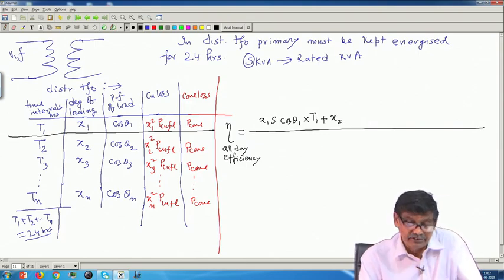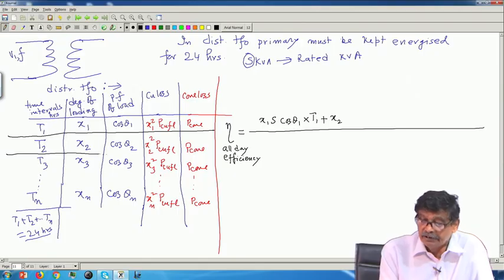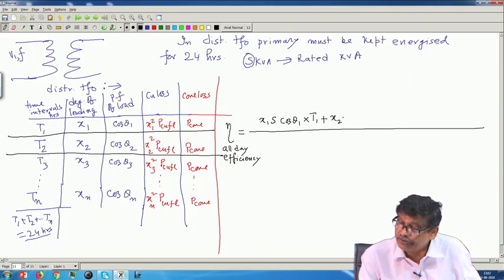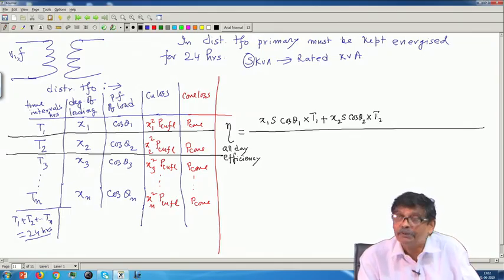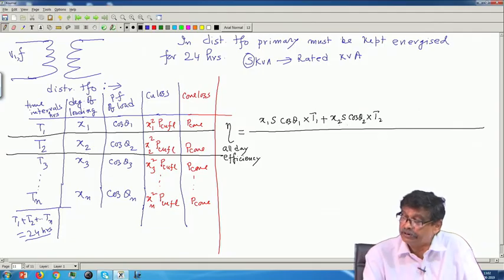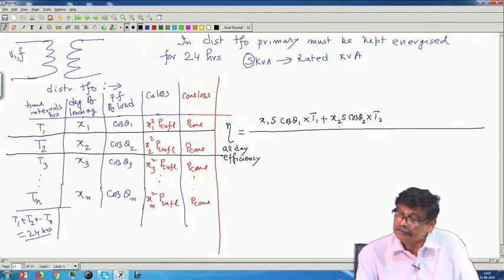x2 next T2 hours. What is the energy output? x2 S cosine theta 2 into T2. This is not x multiplication, multiplication into T2, x is here curly.